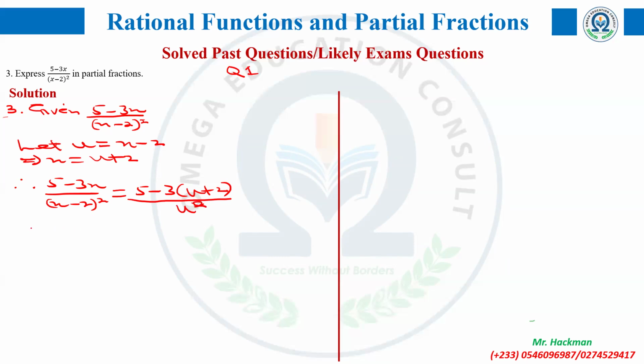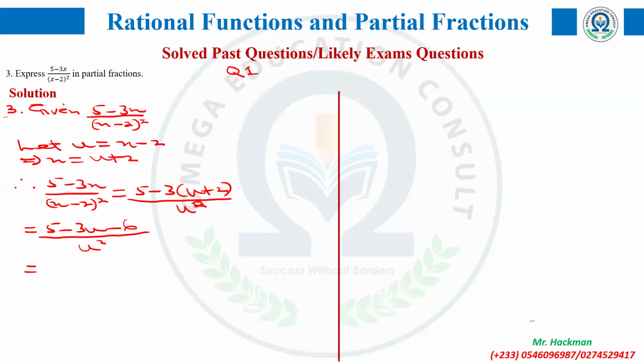Equal to 5. You write the equal to close to the margin. So 5 minus 3u minus 6, very good, all over u squared. After expansion, always check if there are like terms.